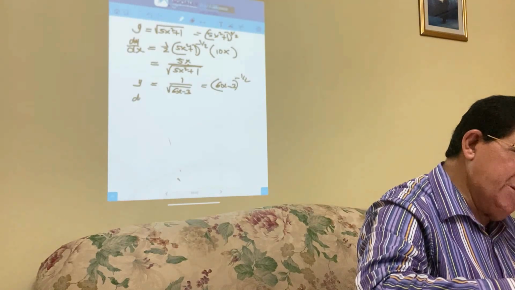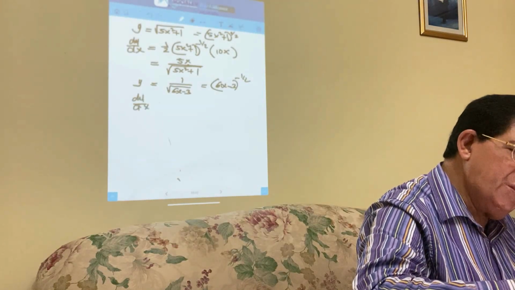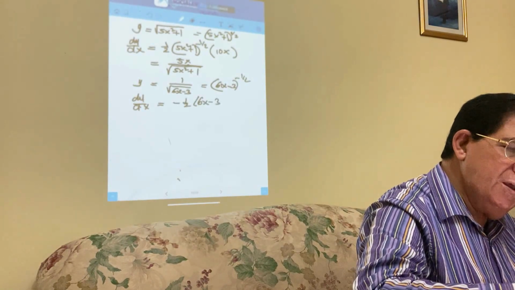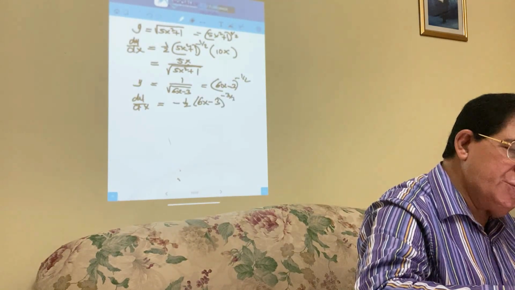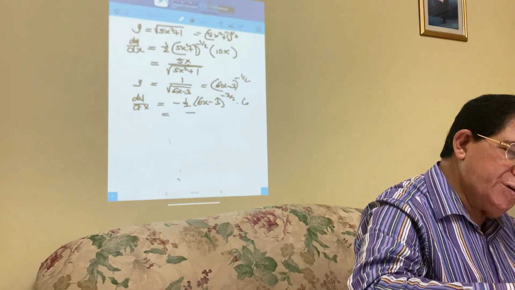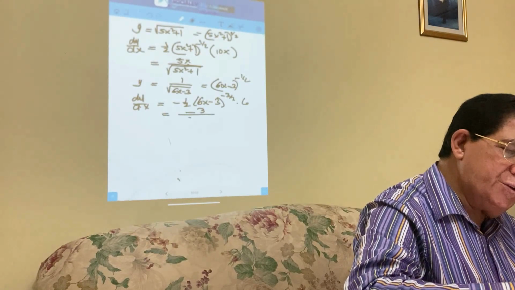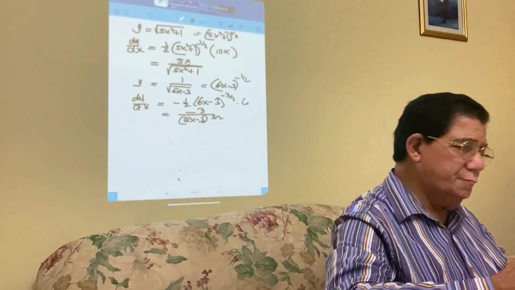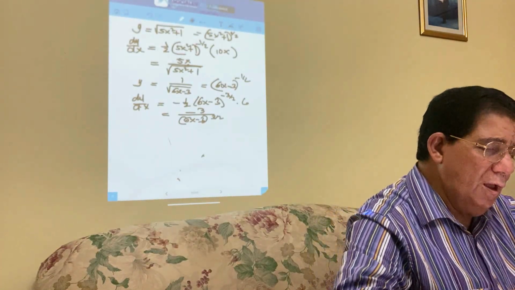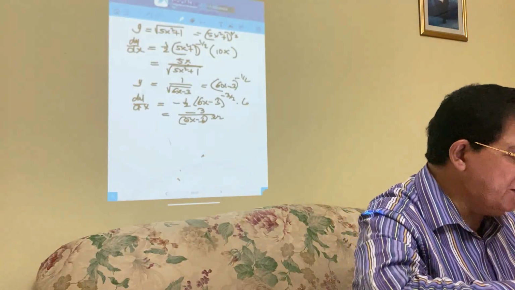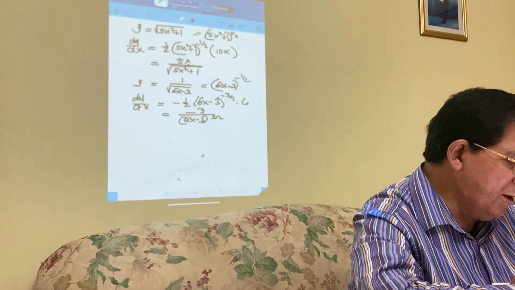Then dy by dx equal negative half times 6x minus 3 power negative 3 over 2 times 6, which means negative 3 over 6x minus 3 power 3 over 2. And it is possible, of course, to be asked to find the value of the gradient at a particular point.